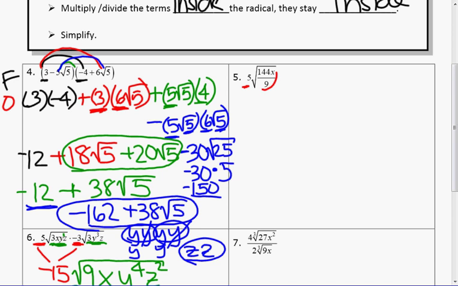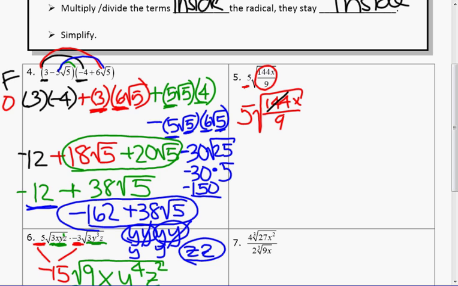So if you look on the inside, this part is just a fraction. So you can treat it just like any other fraction. So with fractions, you can simplify it first. So let's do that. So we have 5, and then we have the square root of 144x over 9. Well, 144 and 9 have something in common. You can take out a 9.